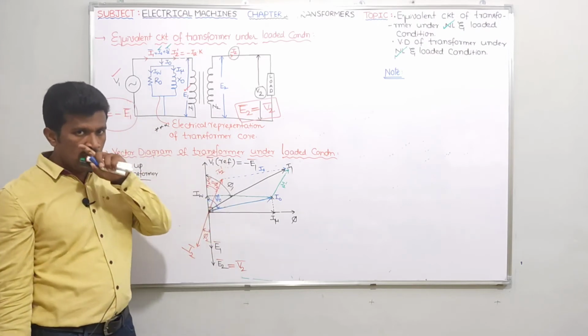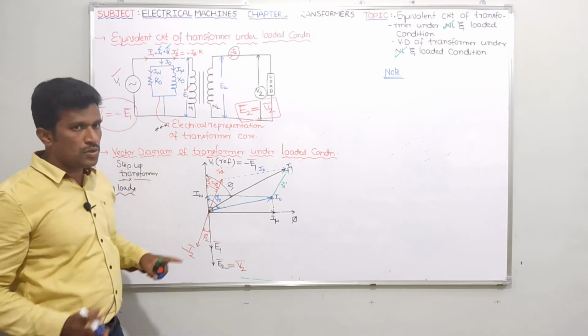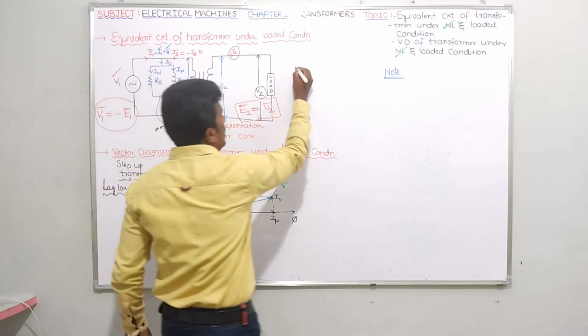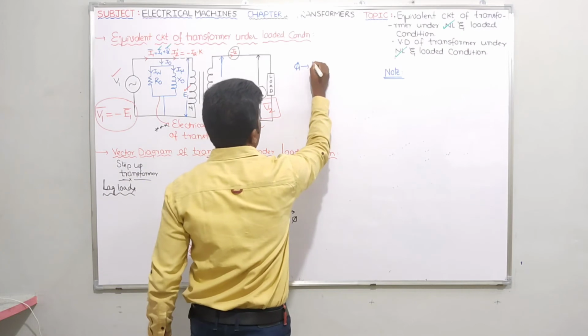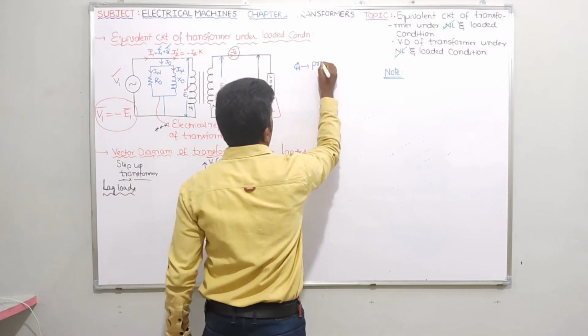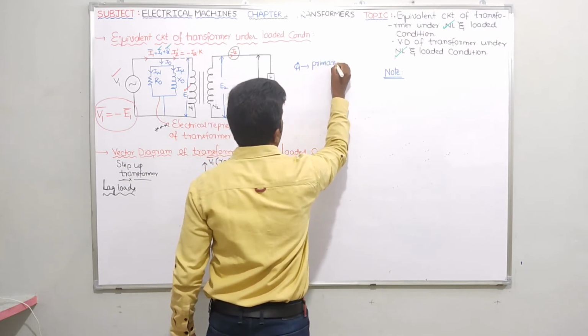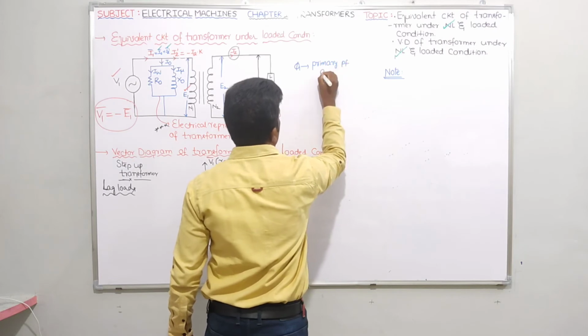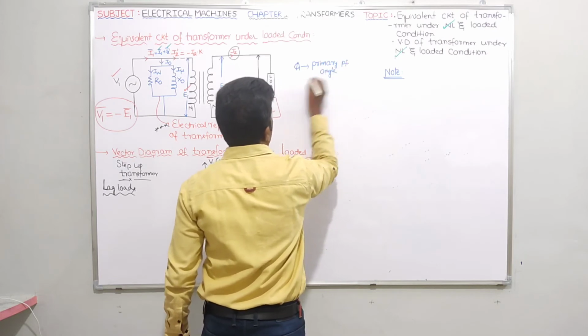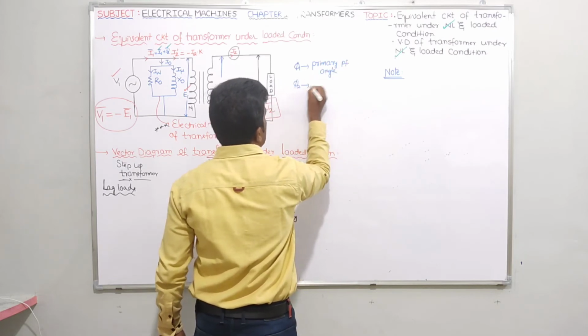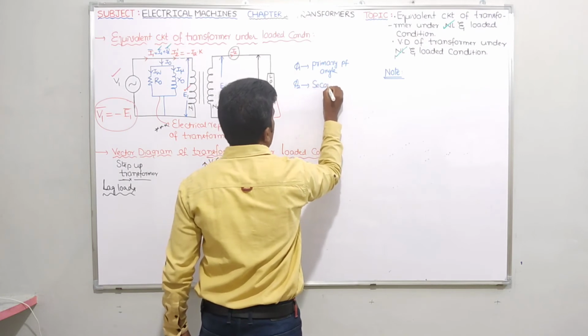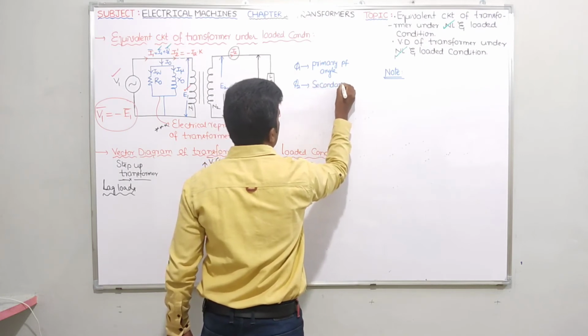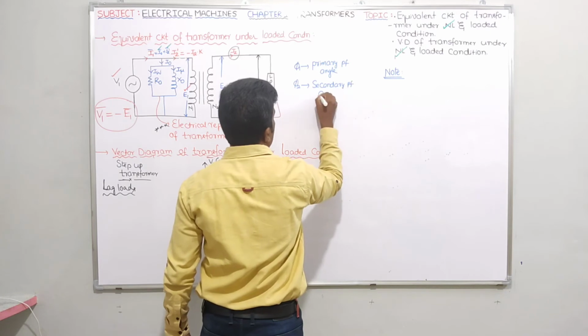Don't confuse. If you want, I can write the names also here. Phi 1 means primary power factor angle. Phi 2 is the secondary power factor angle.